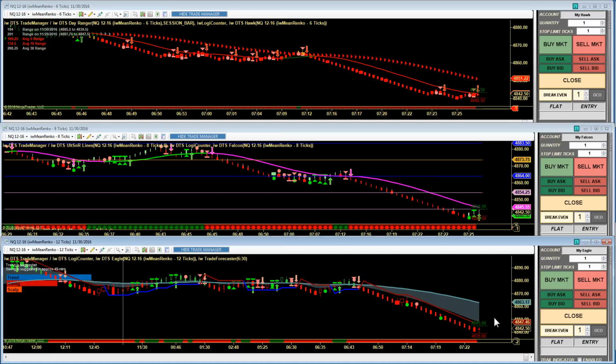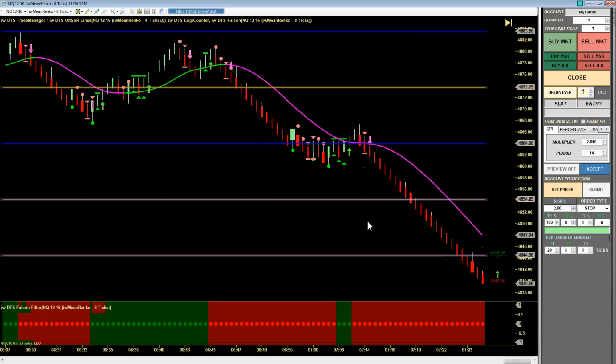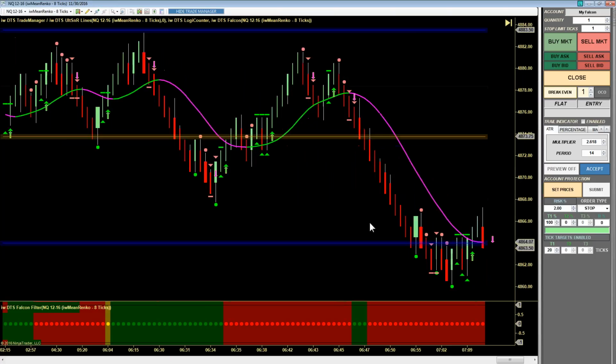Tony says 4840 was a huge number from a couple days ago, and we're likely to see a reaction there. So we've encountered our secondary resistance line. Once we break the primary support, or to the upside, the primary resistance, as I mentioned, the market does have a tendency to move two zones.